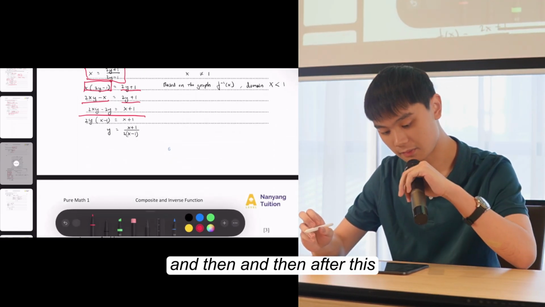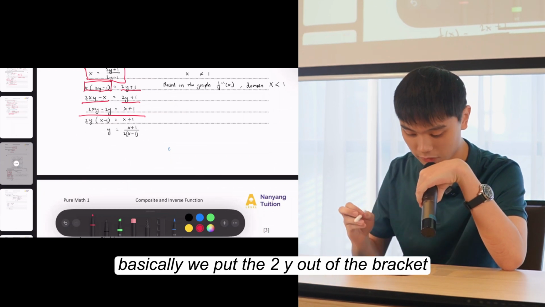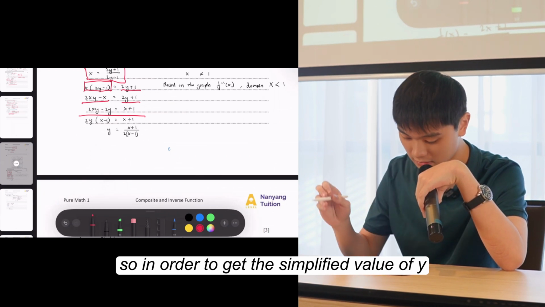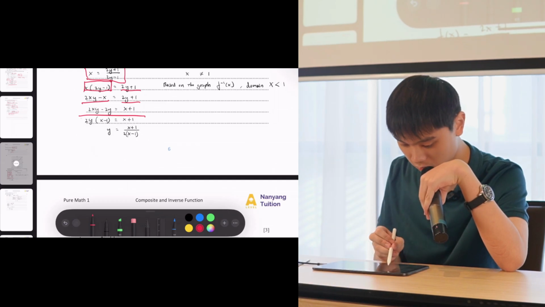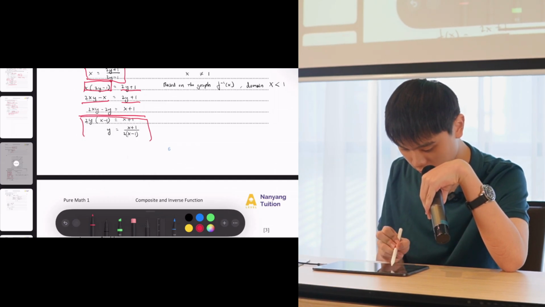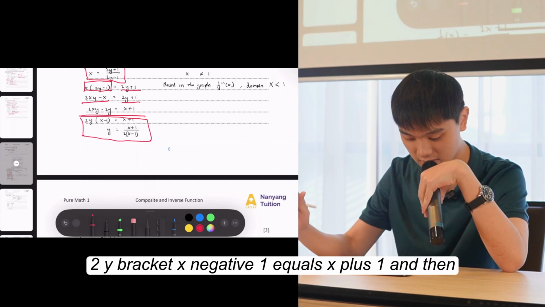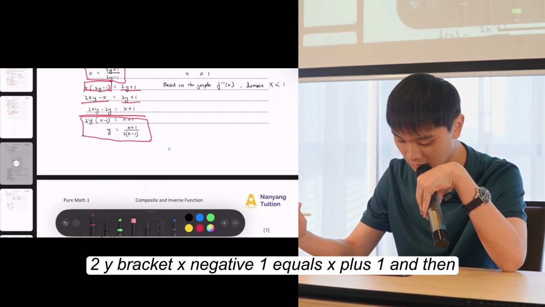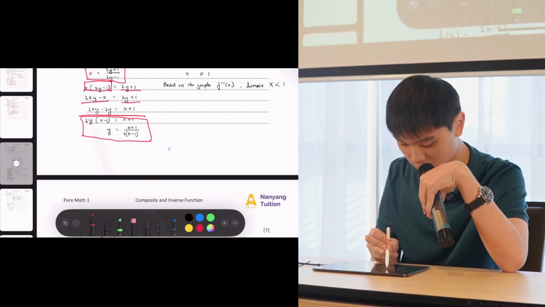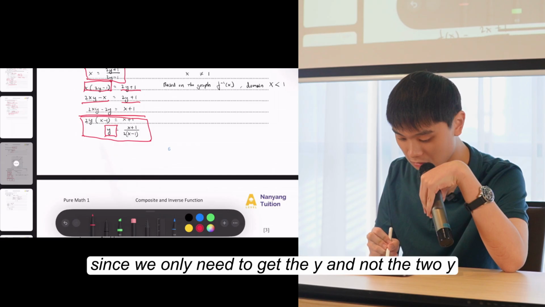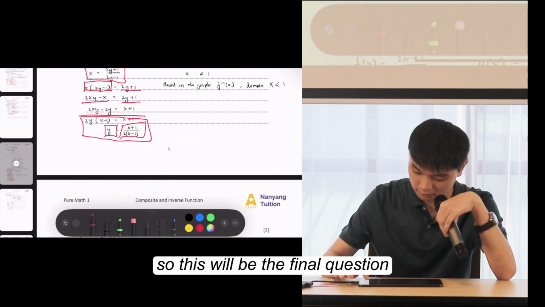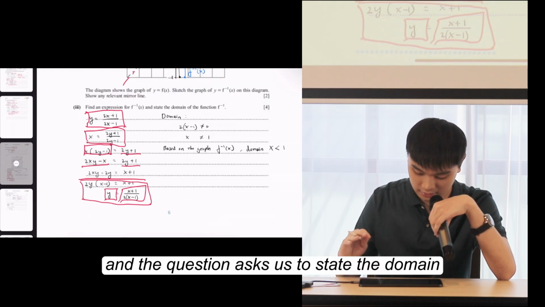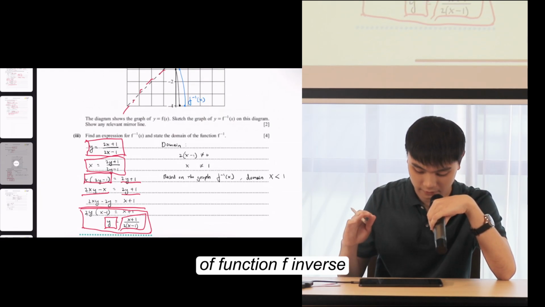And then after this, basically we put the 2y out of the bracket. So in order to get the simplified value of y, we do this: 2y bracket x negative 1 equals x plus 1, and since we only need to get the y and not the 2y, the 2 will be put into here. So this will be the final equation, and the question asks us to state the domain of function f inverse.